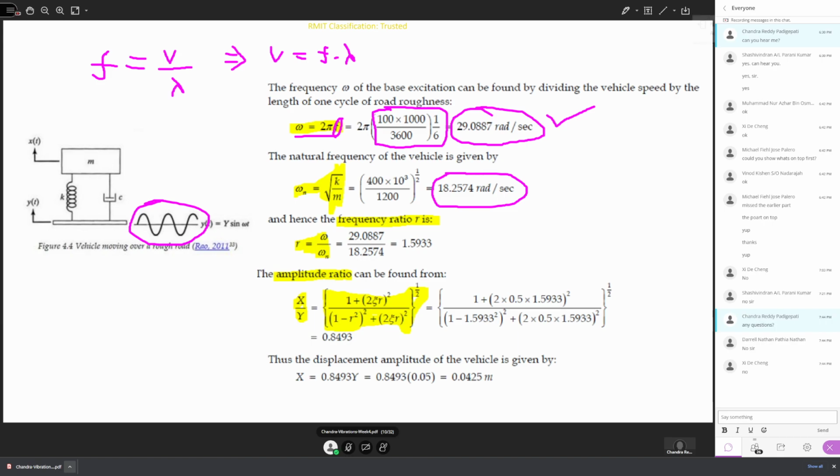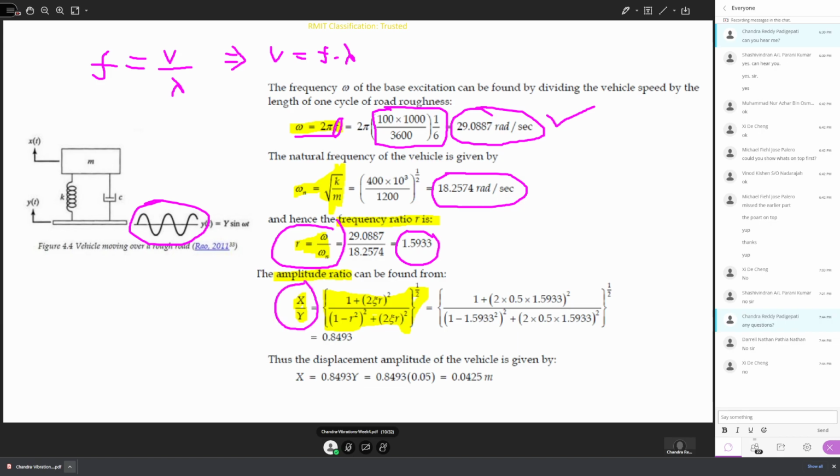So we know the frequency of the base, that is the undulatory nature of the road, and the natural frequency of the vehicle. Then you can calculate the frequency ratio R, which is omega over omega n. In this case, the frequency ratio is 1.5933.